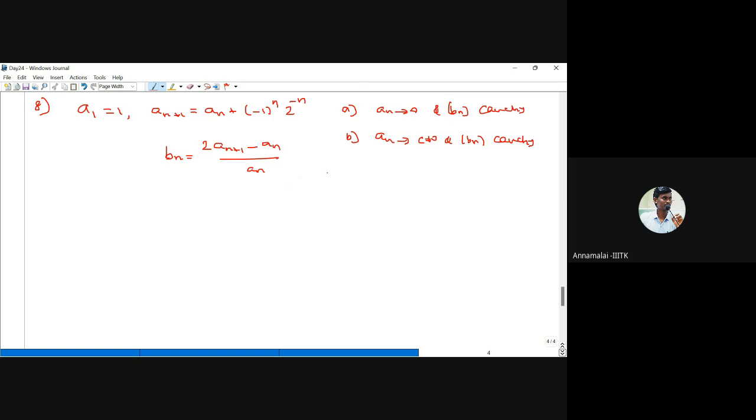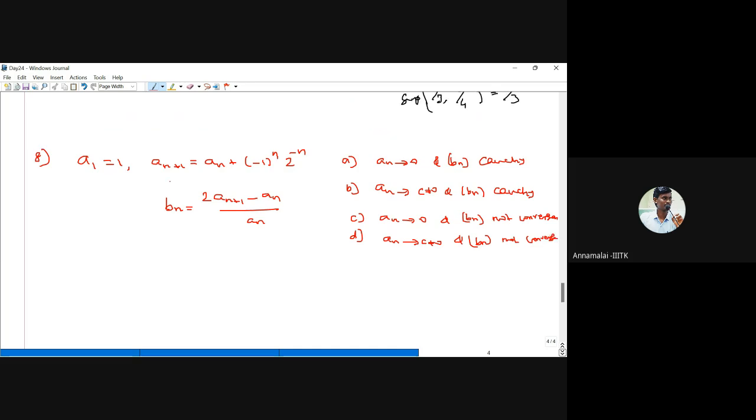Third option: a_n converges to 0 and b_n is not Cauchy, not a convergent sequence. The last option: a_n converges to a non-zero number c, and b_n is not convergent.